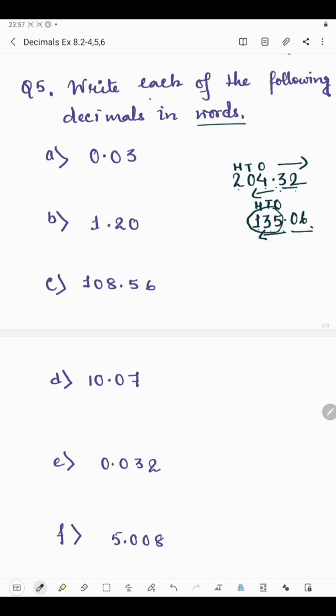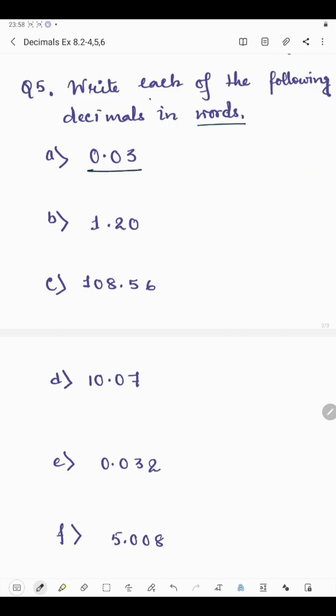But after the decimal we will read the digits separately, like 0 6. So this decimal number will be read as 135.06. Okay, now let's start.